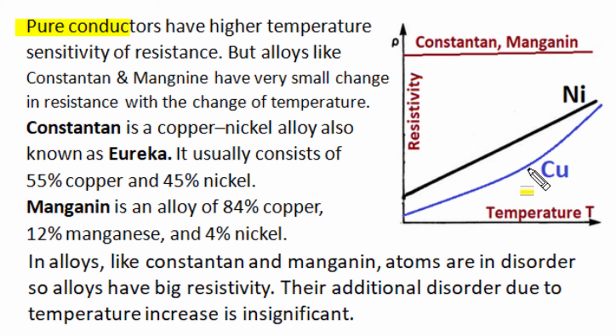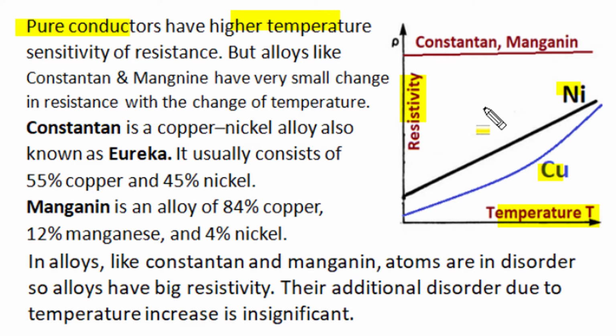Pure metallic conductors, copper, nickel, platinum, have higher temperature sensitivity for resistance, and when temperature is increased, the resistance gradually and continuously increases in all pure metals with a high magnitude. In copper and aluminum, the change of resistance or resistivity with change of temperature has a little non-linearity, whereas for nickel, from minus 50 degrees centigrade to 250 degrees centigrade, the change of resistivity with temperature has almost linear behavior.